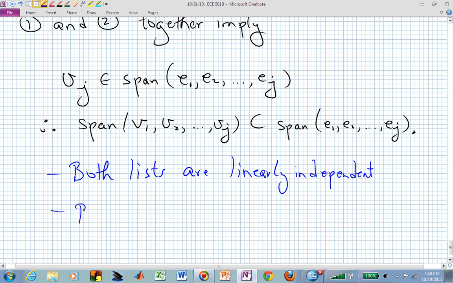And because at each step you're adding one more component onto it, the amount of components you have equals the number of vectors in your list. So both lists are the same dimension. And that dimension in this example of going up to j is of length j. Both lists have dimension of j.